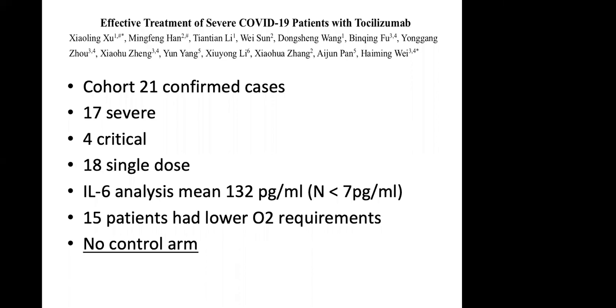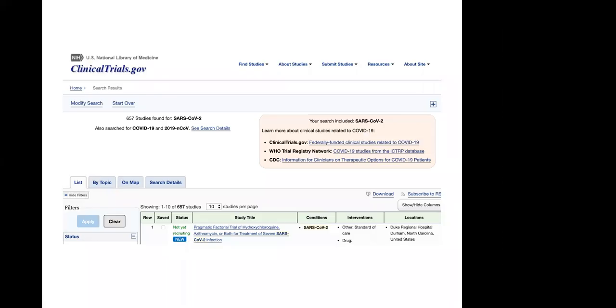Again, this is one of the major frustrations with publications related to SARS-CoV-2 that really leaves us very confused as to what to do with the results. Most of them do not give you a control arm. And if there's a control arm, it's usually a retrospective study, so there's a lot of bias involved.